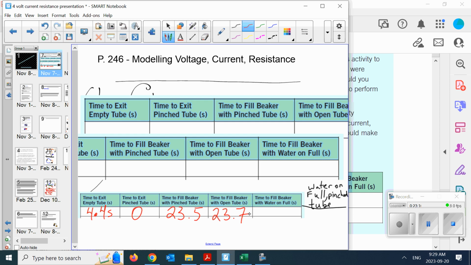Yeah, 9.8, 9.7. And what about this if I pinch it? I'm going to do this one because it's going to be messier. Mark, get set, go.